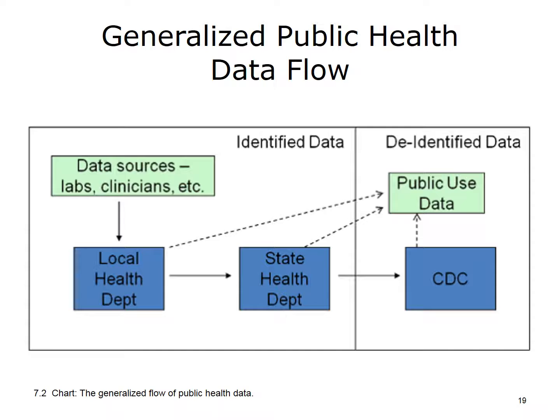The state health department assumes responsibility for reporting data to CDC. All levels of public health provide public use data, carefully screened to protect patient privacy. Both the CDC and the general public receive de-identified data, with patient identifiers removed to protect confidentiality.